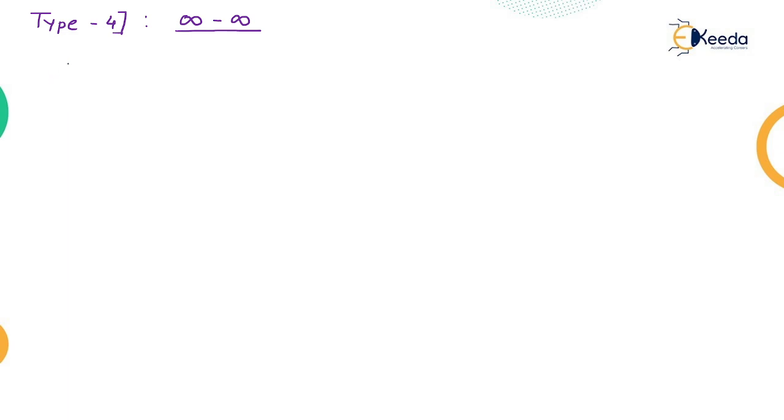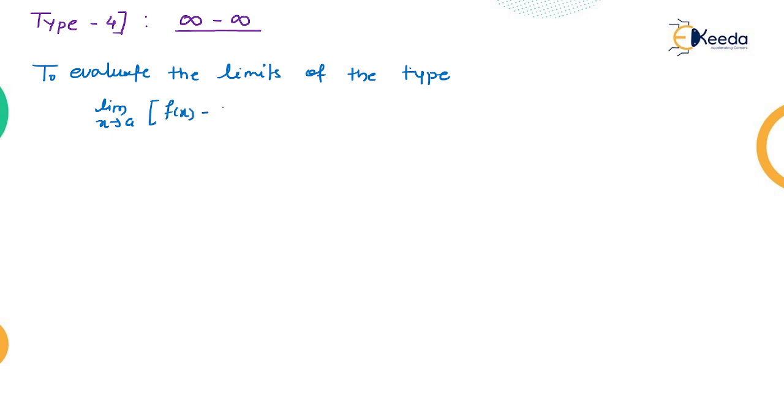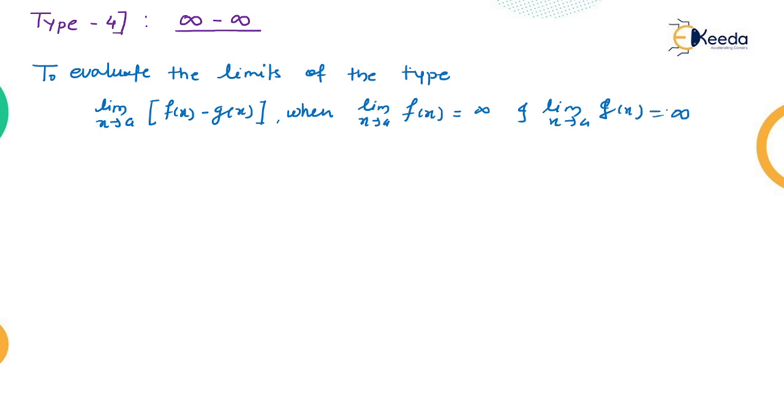In this type, we evaluate the limits of the type infinity minus infinity, that is, the limit as x tends to a of f(x) minus g(x), when the limit as x tends to a of f(x) is infinity, and the limit as x tends to a of g(x) is also infinity.